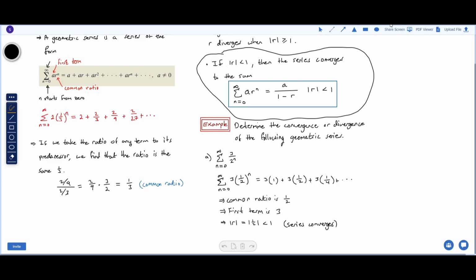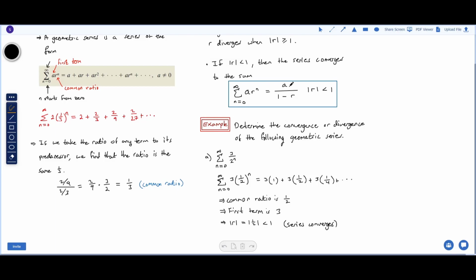It converges to the sum. So not the n, but the sum of ar to the power of n. It converges to this sum. This equals this. Okay, so we know our leading term, and we know our common ratio, which means we can calculate what this series converges to.